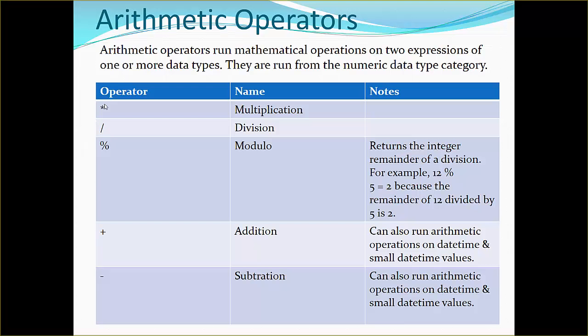So if you say 12 modulo 5, the answer is 2. So it's just the integer remainder you get when you divide one number by another. All right, so that's what the arithmetic operator is all about.